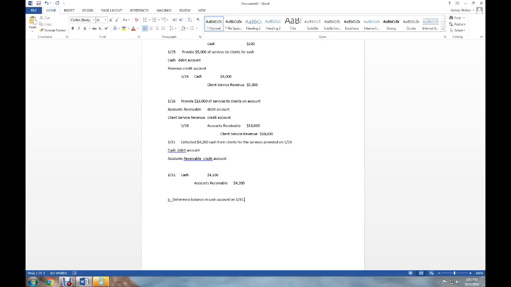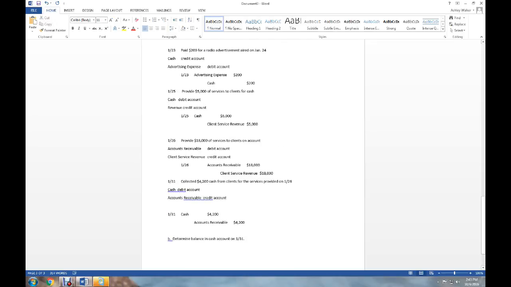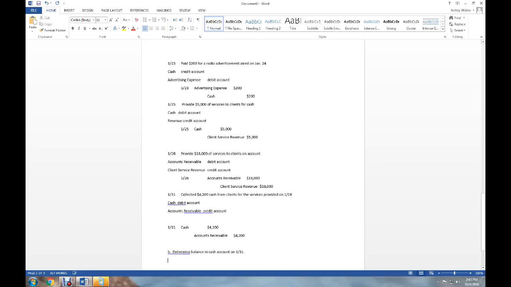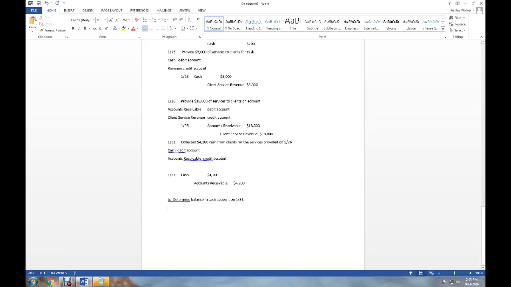So we need to do a running total of the transactions that affected cash. So we're going to need to go back and look. What we're essentially doing is posting to the cash ledger. It's a little difficult to do that in Word, so we're going to have to make this look not quite as pretty.